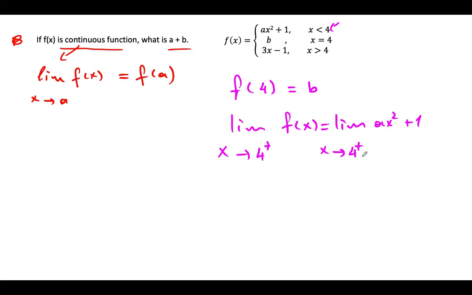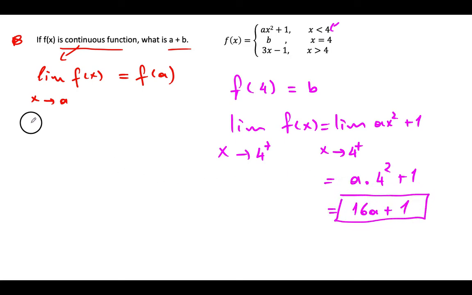So when I substitute 4 instead of x, this is equal to a times 4 squared plus 1, which is 16a plus 1. So this is the left hand side limit what we have done.